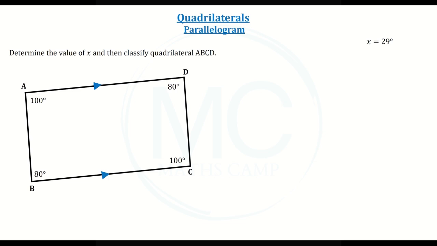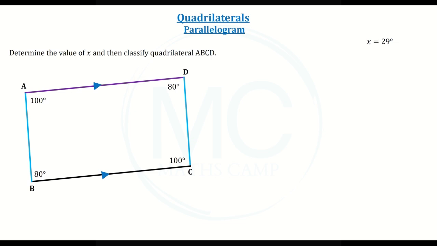Let's make side AB and DC blue. Again, we have two transversal lines, AD and BC. We're going to use side AD, so let's make it purple. Remember that co-interior angles lie between parallel lines on the same side of the transversal line.